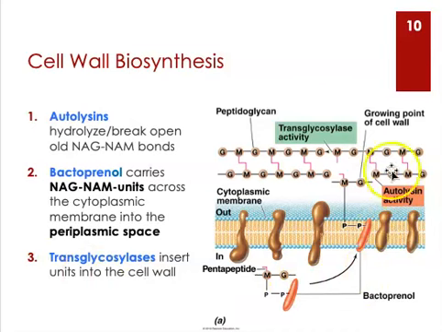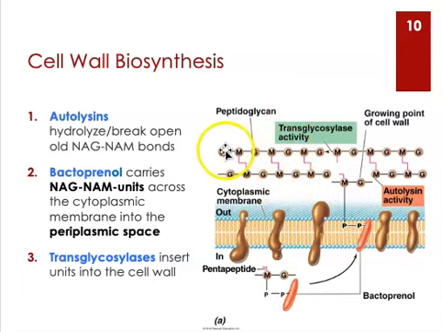What you're looking at over here is a very complicated looking diagram. It's actually just a piece of a bacterial cell. So we're looking at a little piece that's cut out of a bacterial cell in the membrane. This is the inside of the cell. This is the cytoplasm. Then we have this little space here outside of the cell, and then we hit the cell wall.